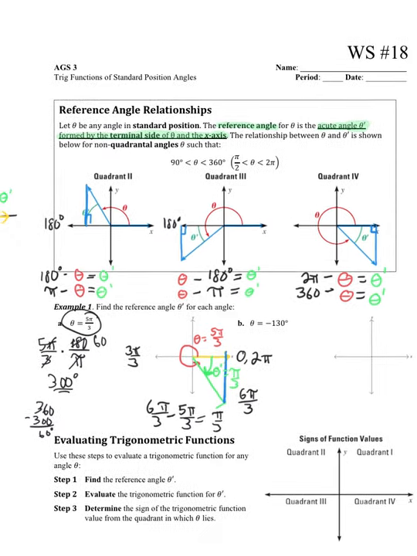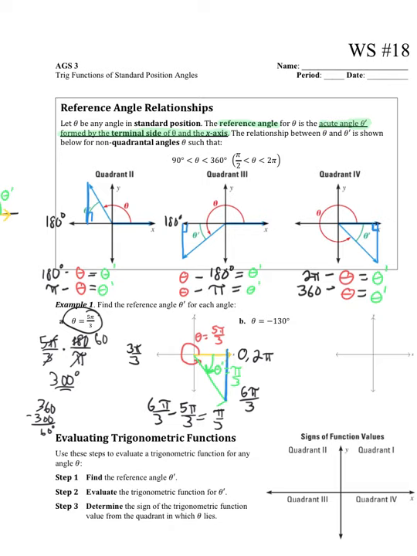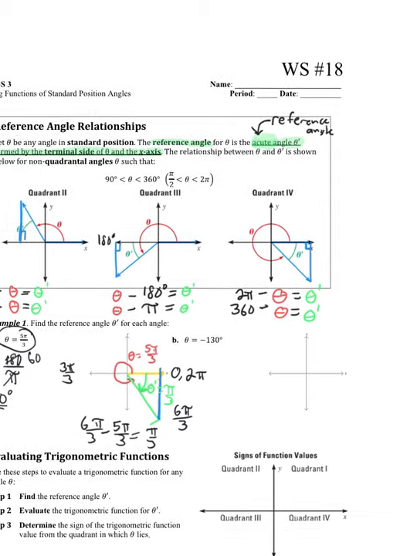One key thing about a reference angle is it is an acute angle. All right, a reference angle is always an acute angle, or you could say less than 90 degrees.